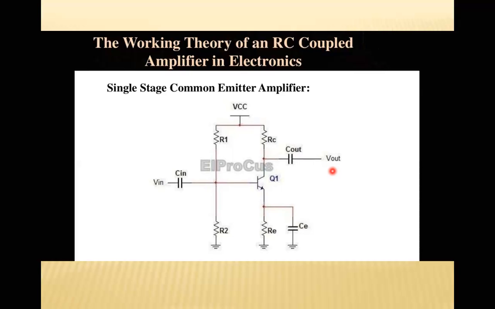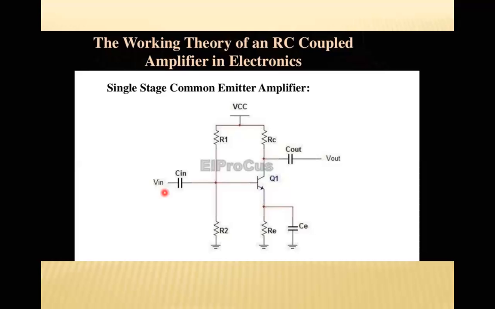The resistances R1 and R2 and RE form the biasing and stabilization circuit. The biasing circuit must establish a proper operating point, otherwise a part of the negative half cycle of the signal may be cut off at the output. Here we have not shown it properly; actually here there should be an AC signal input between these two points.